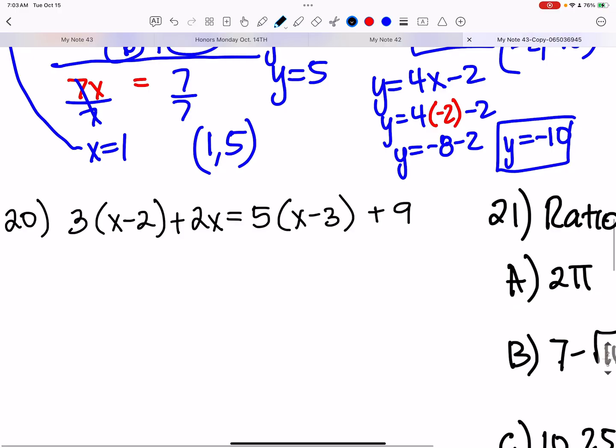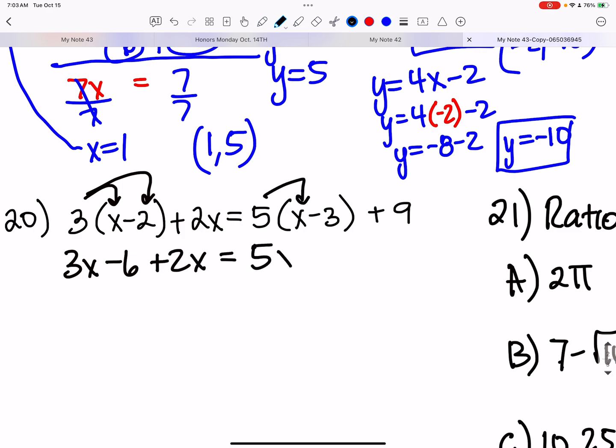All right, let's see if we can do this one. 3 times x is 3x. 3 times negative 2 is negative 6, plus 2x equals 5 times x is 5x. 5 times negative 3 is negative 15, plus 9. So we've got too many x's over here. We've got 3x's plus 2x's.